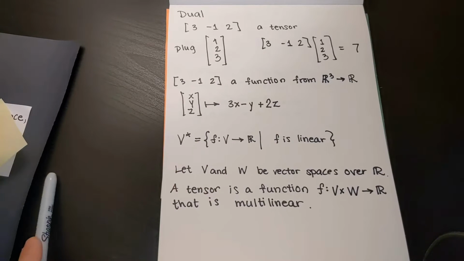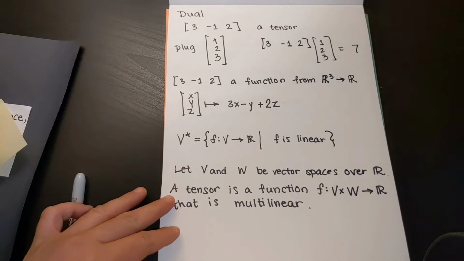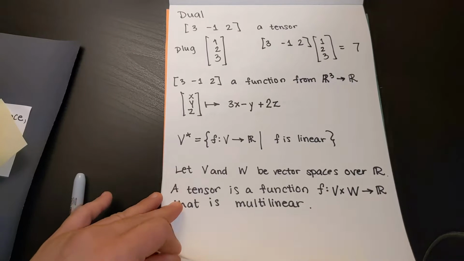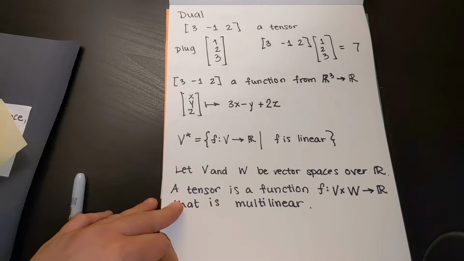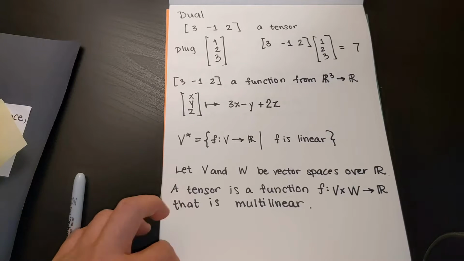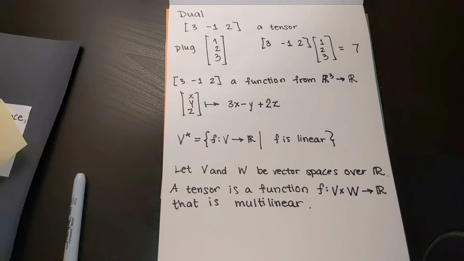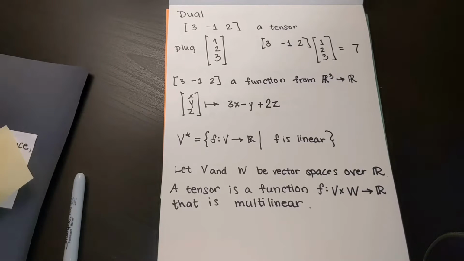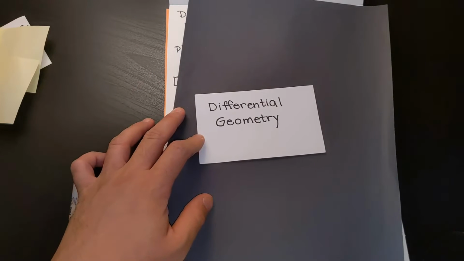In general, a tensor is a multilinear function from a Cartesian product of vector spaces to the set of real numbers. That is the definition of tensor in the view of differential geometry.